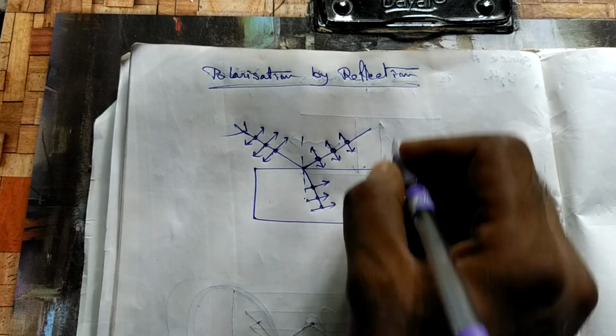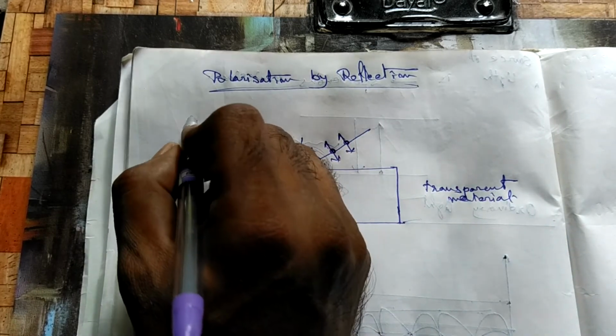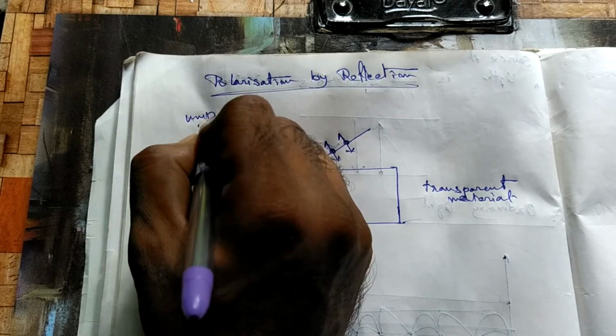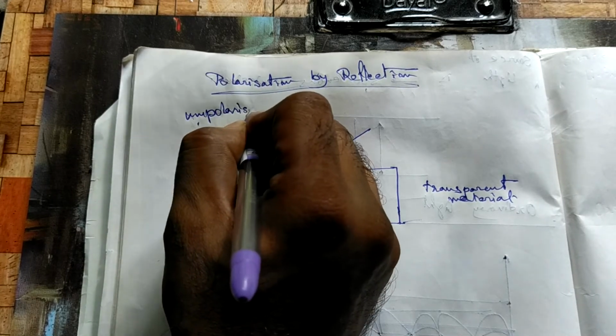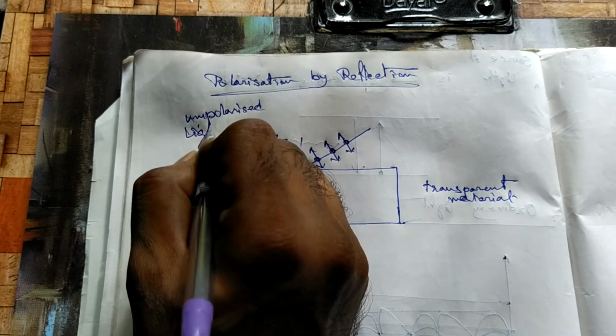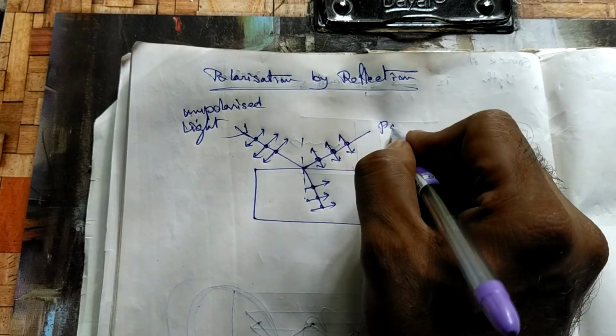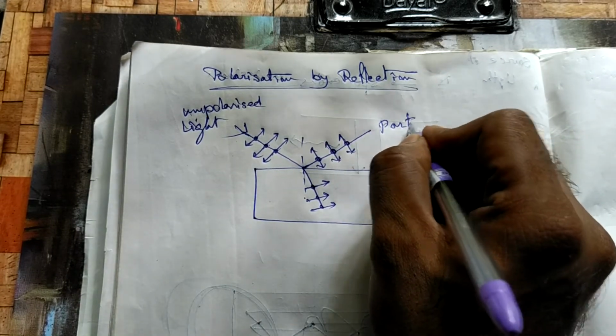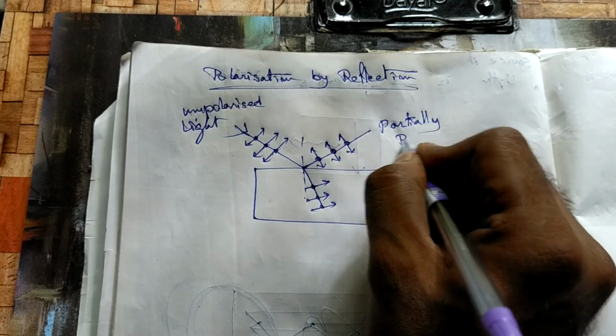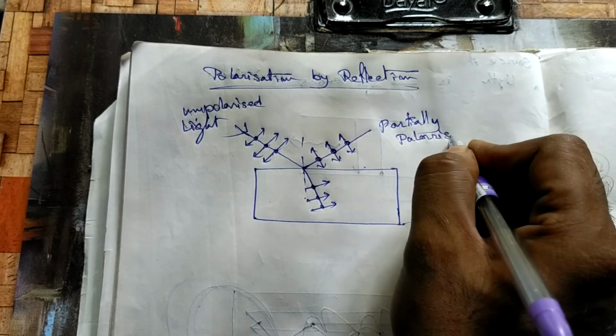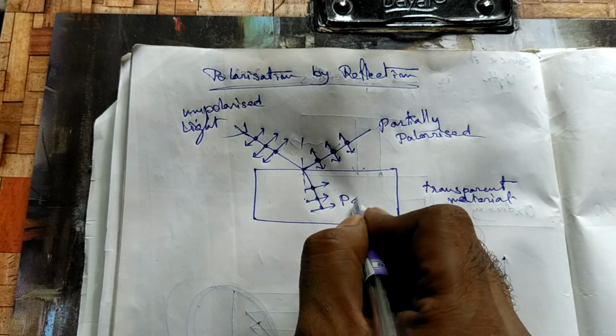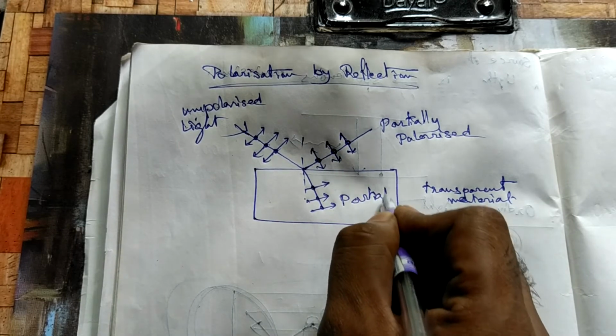This one is called unpolarized light. This one is called partially polarized light. This one is also partially polarized.